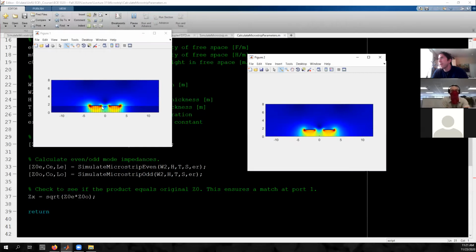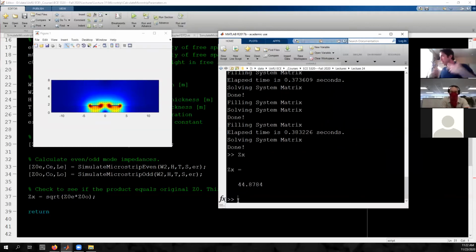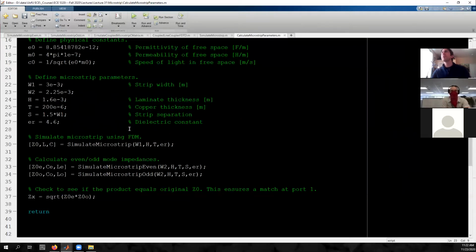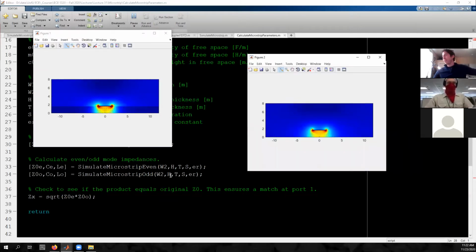I changed it by like 10% there. Now you look at ZX, and you notice it came up a smidge. Not quite enough, so let's do 2.25 now, right? There's a little bit of trial and error here to get that product to match.